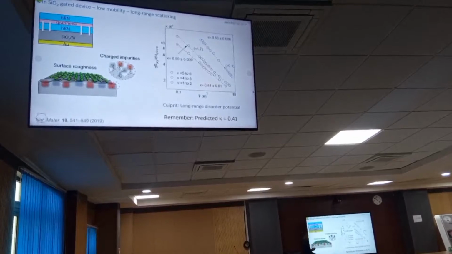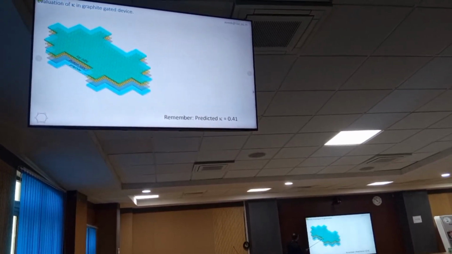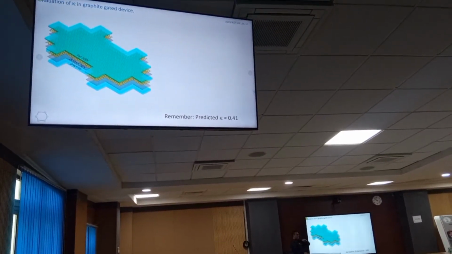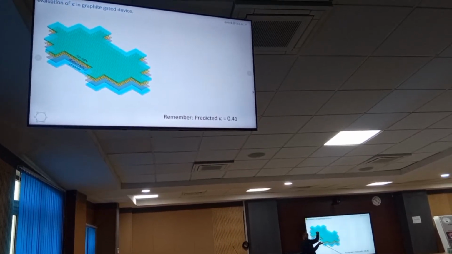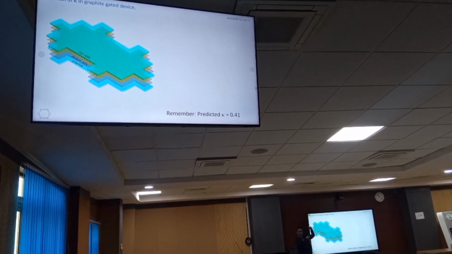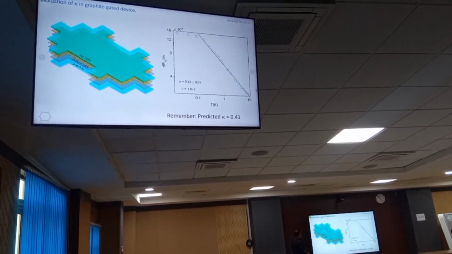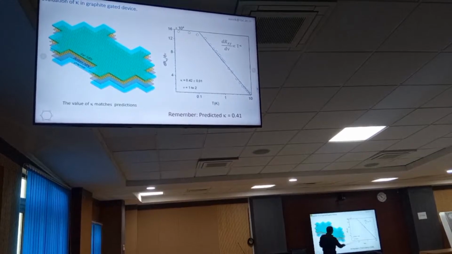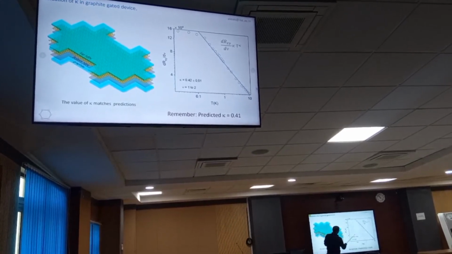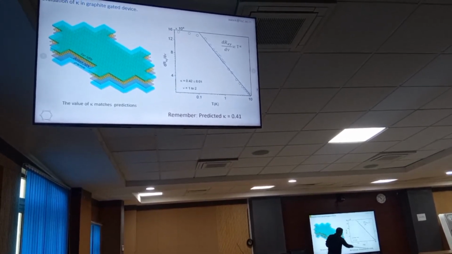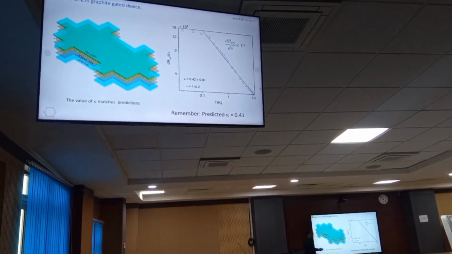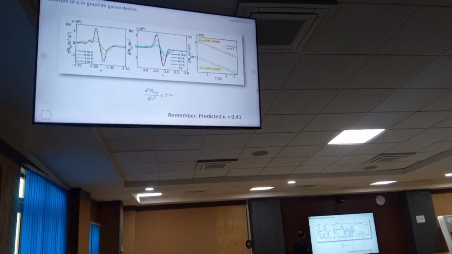How do I take care of the long range disorder potential? I add a graphite between the substrate and graphene. So I encapsulate the graphene between relatively thick layers of graphite. It's a metal, so it screens all long range interactions. When I do that, the exponent becomes 0.42, very close to the expected value of 0.41. Now I do the same thing.